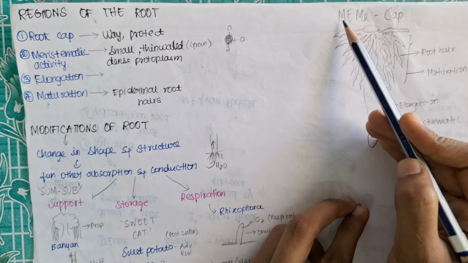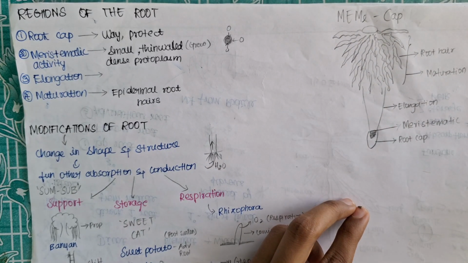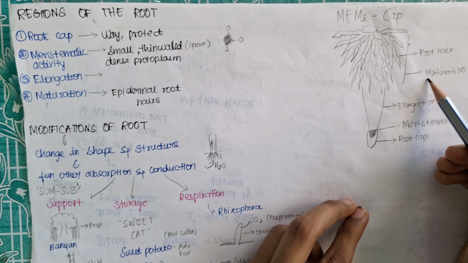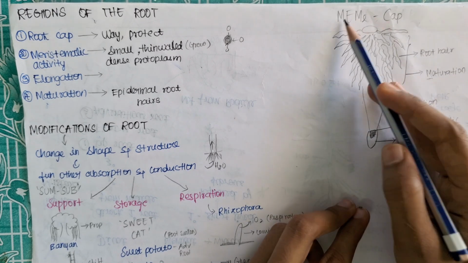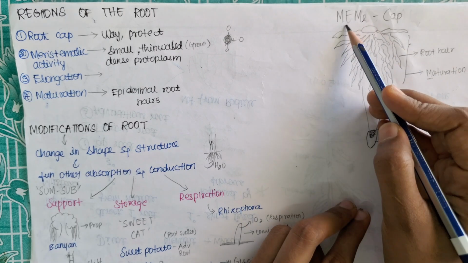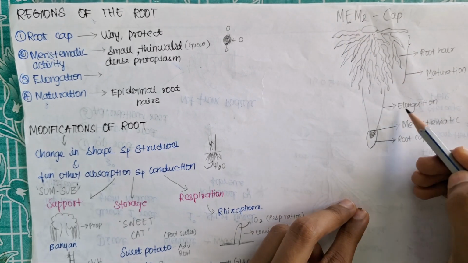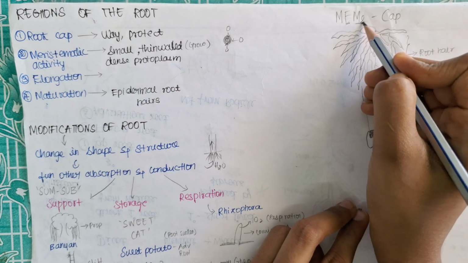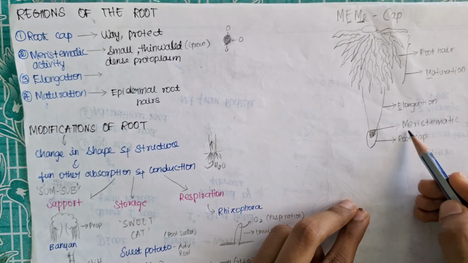So what is this MEMECAP? Starting with your M, it is maturation. In the root we do have a maturation region, so this M is for maturation. Now E, this capital E, is for elongation, the region of elongation. Then comes Me. Me is for meristematic.